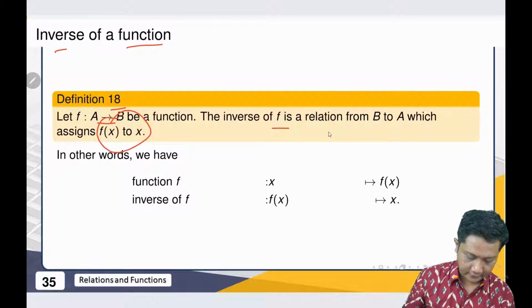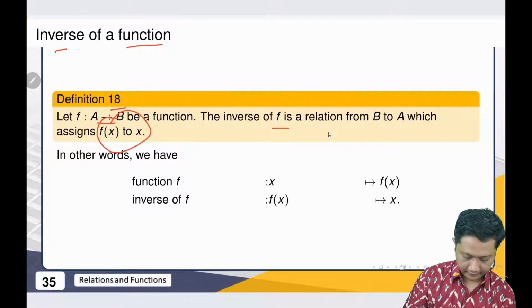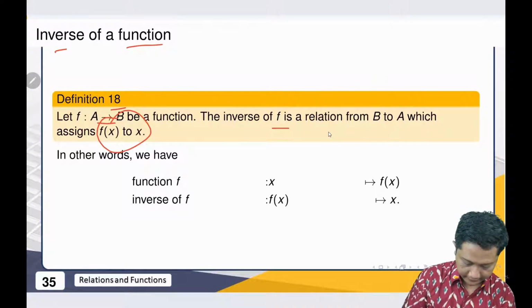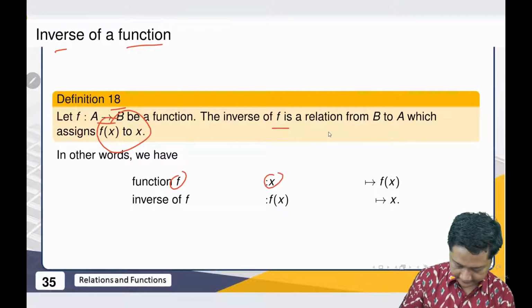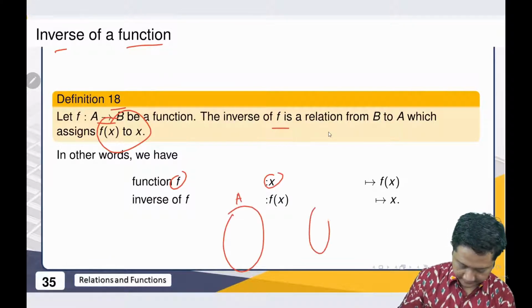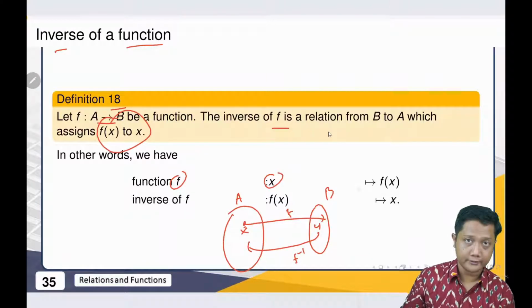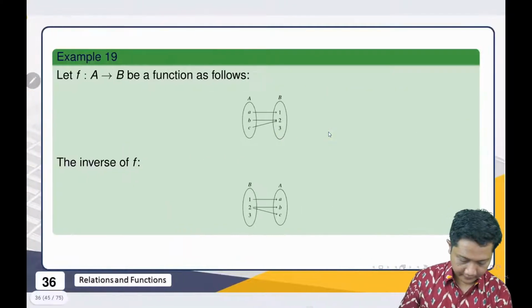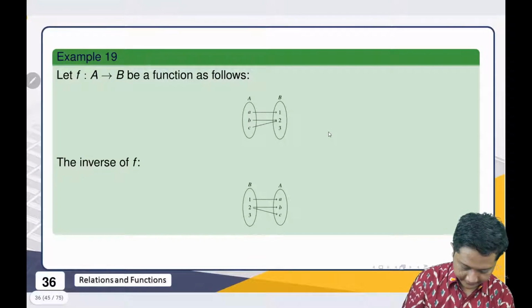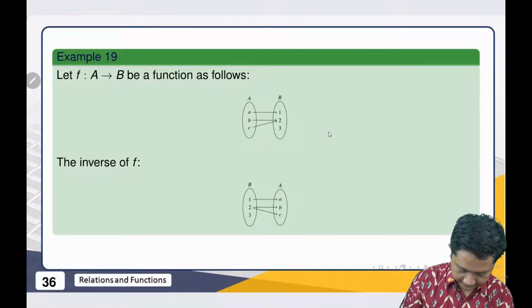This one is our G before. If f maps x in A to y in B, then the inverse will map y back to x. So for example, like this, if this is a function here, and this is the inverse.